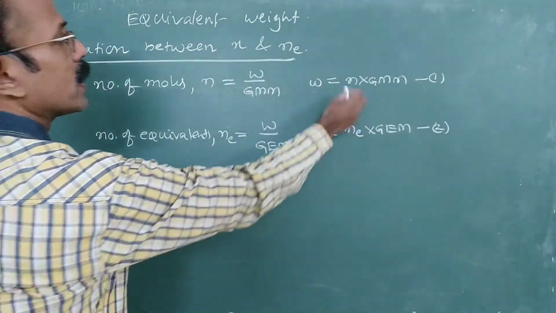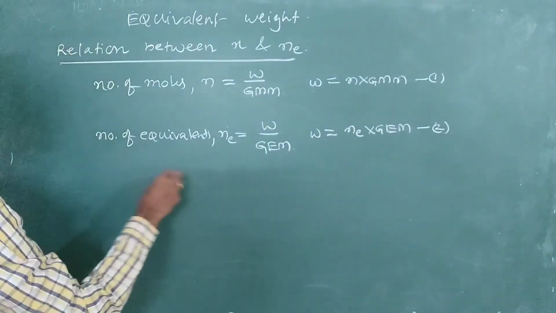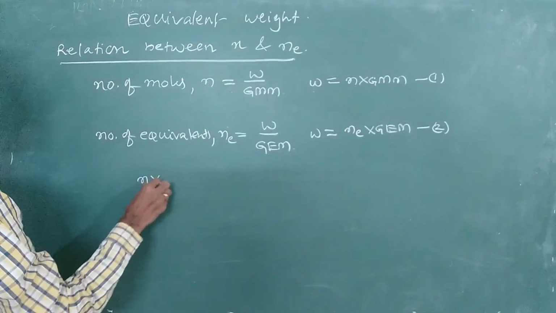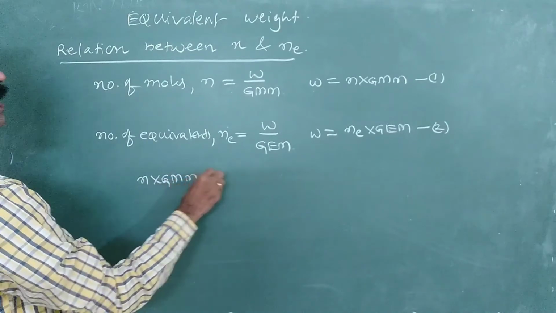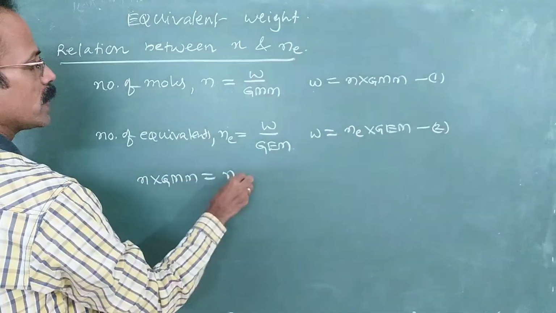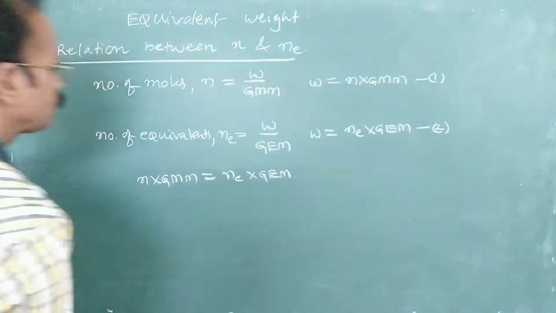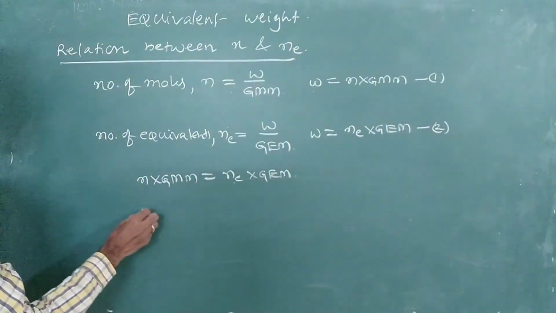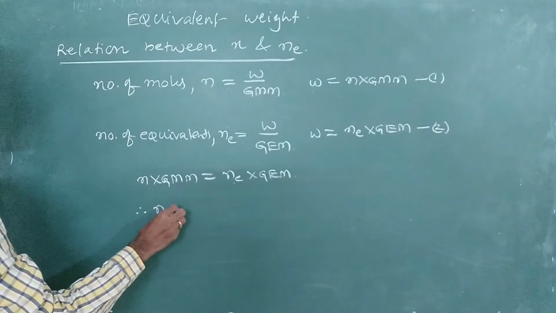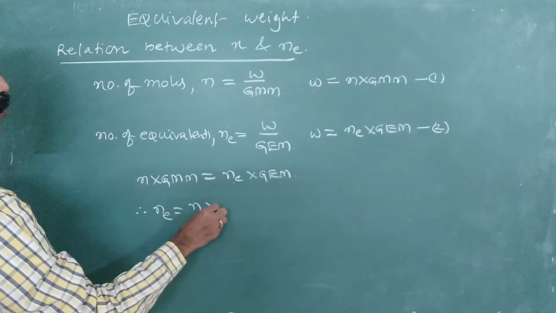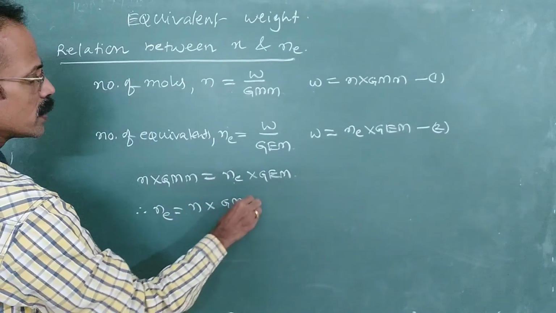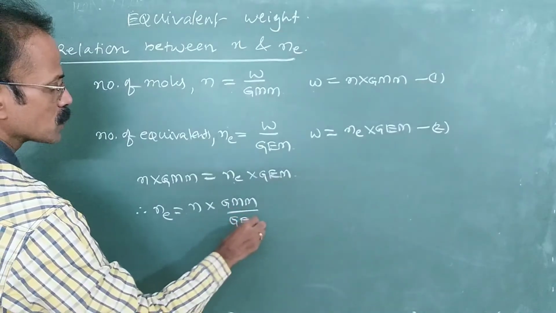So now we can equalize these two terms. Number of moles into gram molar mass is equal to number of equivalents into gram equivalent mass. Now number of equivalents is equal to number of moles into gram molar mass divided by gram equivalent mass.